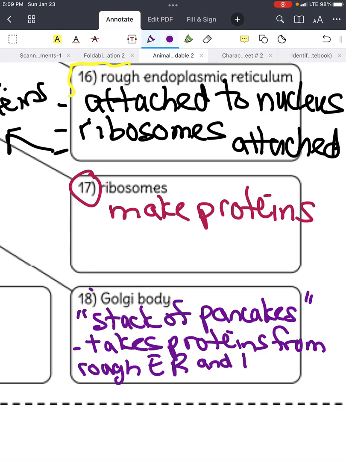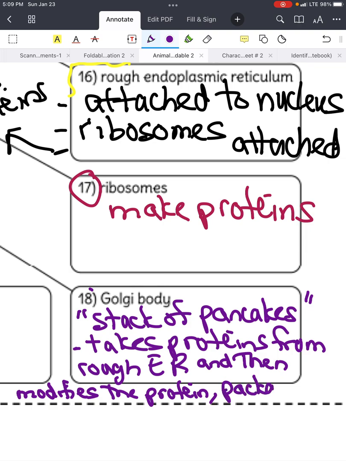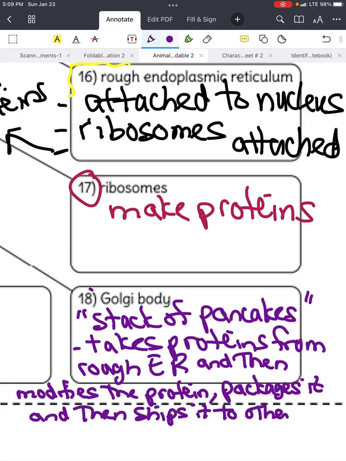So it modifies the protein. It's going to kind of change them based on what the cell needs. Packages it. And then ships it to other parts of the cell.